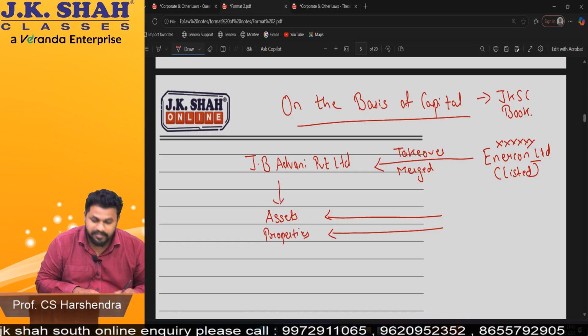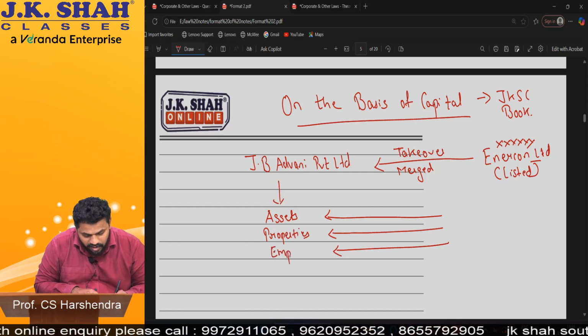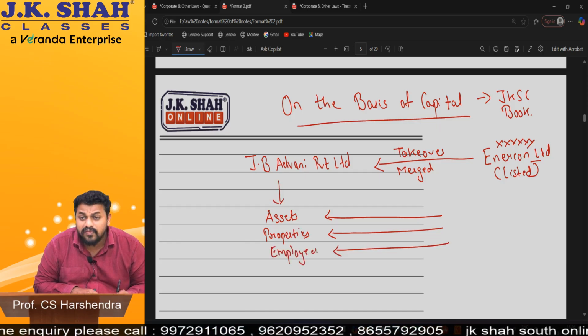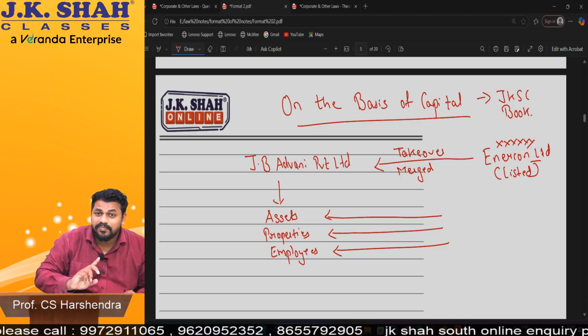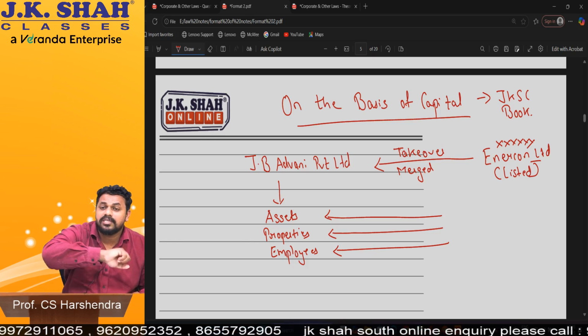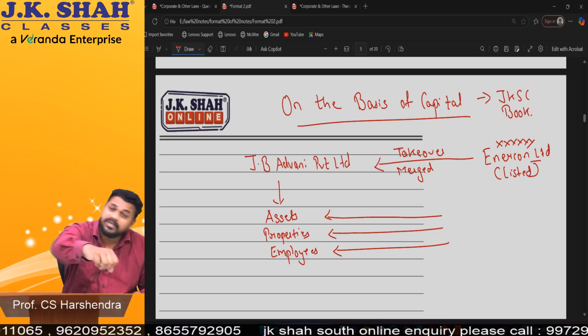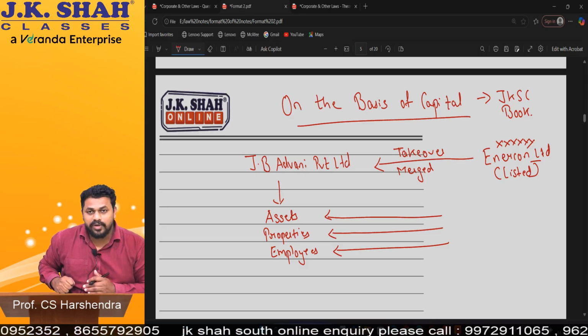JB Advani. All the employees of Enercon will become employees of whom? JB Advani. Now what is yours is mine? Same thing. Now JB Advani purchased all the shares of Enercon Limited and diluted it.